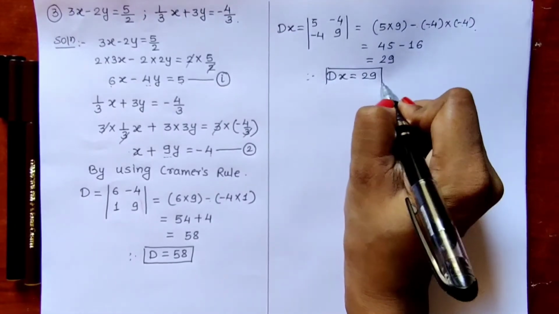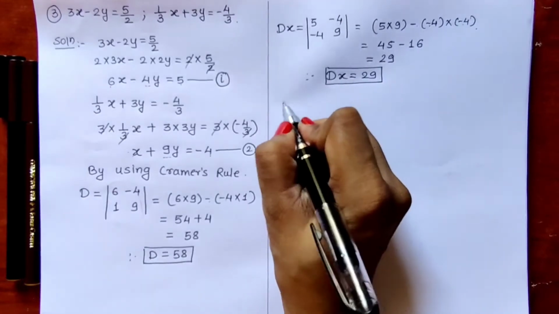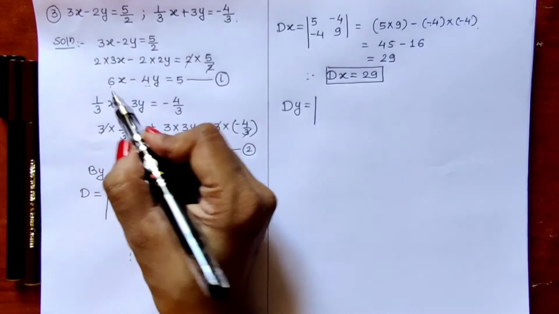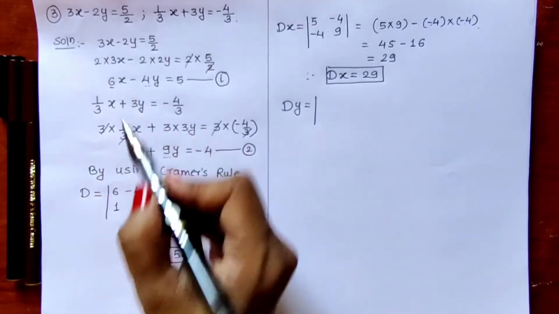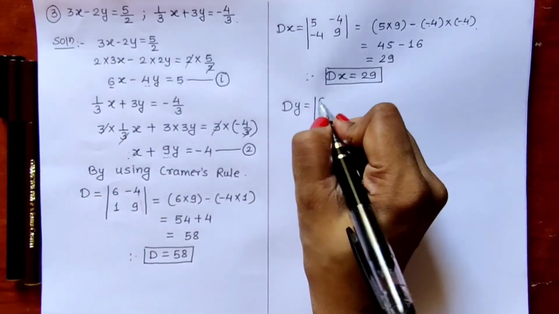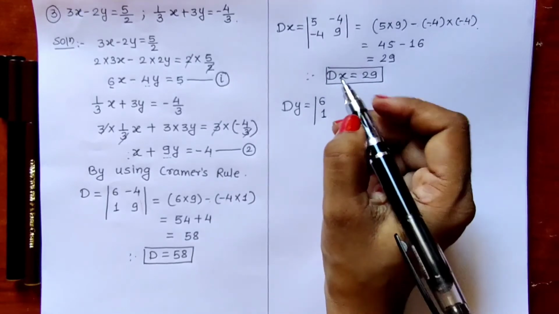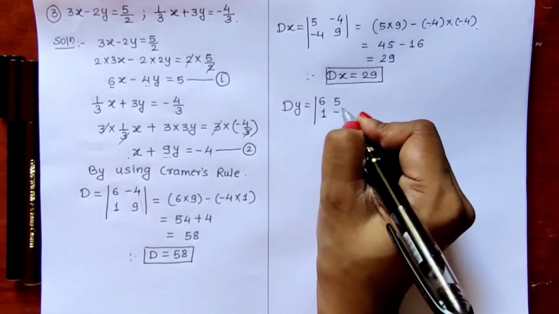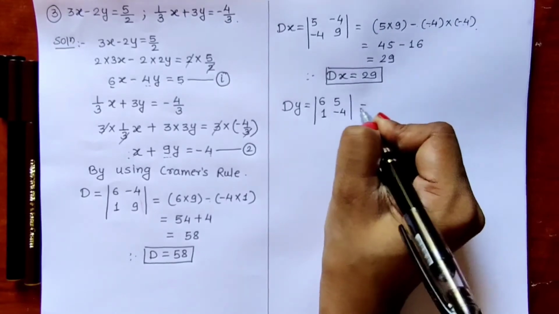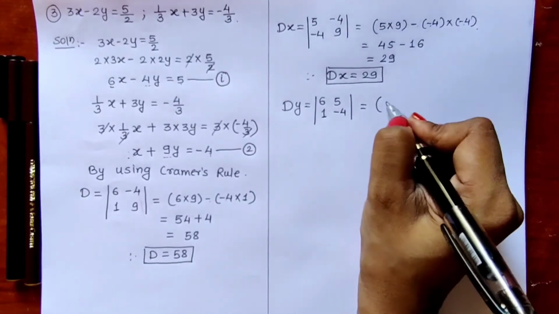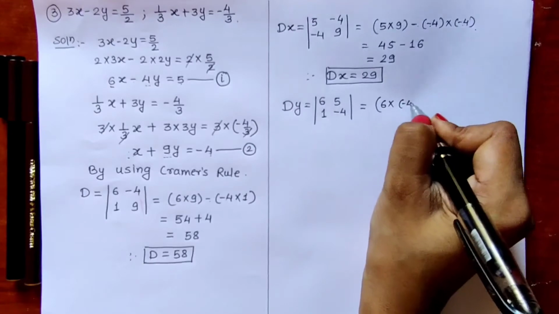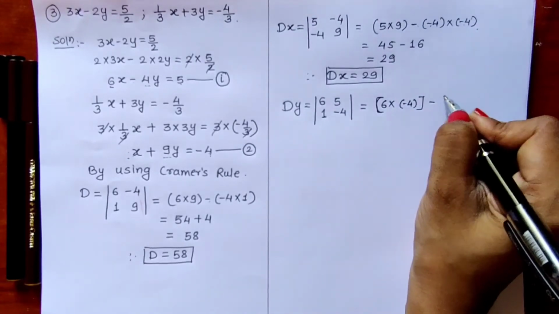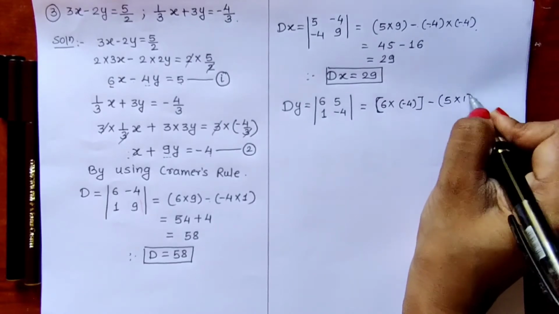Let us find out Dy now. Dy means we all know coefficients of x. Here 6 is there, here 1 is there. So 6, 1, and constant terms 5, 4. 5 and minus 4, not only 4, it is minus 4. So 6 multiplied by minus 4 minus 5 into 1.